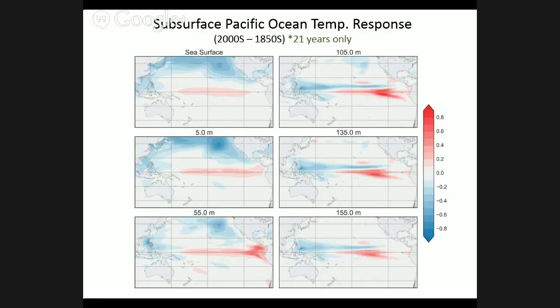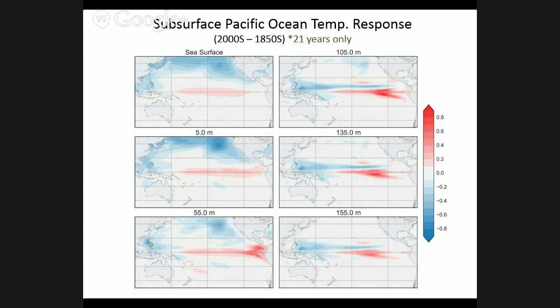So as you can see, over the tropical Pacific, my response is becoming stronger as I go deeper and deeper. And if you go further down, close to 200 meters, you don't see any response. So it's only in the upper ocean where the response is shown. I don't understand this pattern very well. Why is it happening?